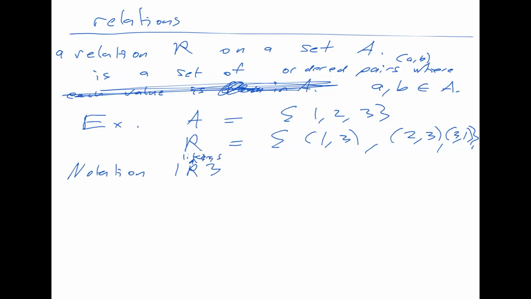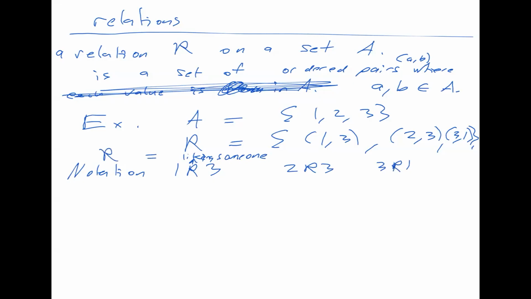So player number 1 likes player number 3, and player number 2 likes player number 3, and player number 3 likes player number 1. But which people don't like each other, according to this relation?